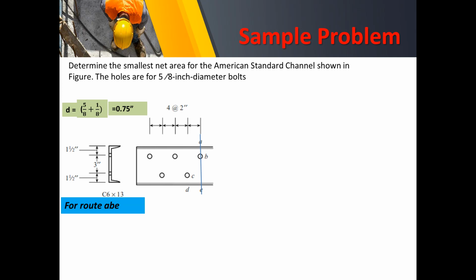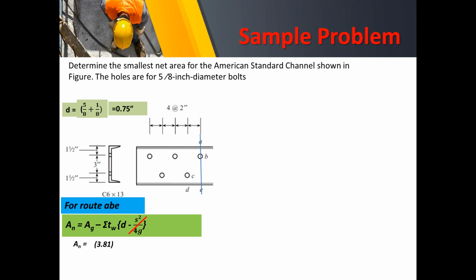In the route ABE, we can find no diagonal or pitch on the route. So AG is 3.81 here, so we can just cancel that expression. S is equal to 0, or the pitch is equal to 0. So what is left is the web thickness.